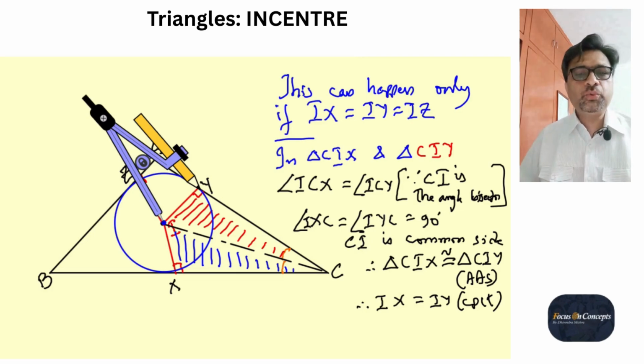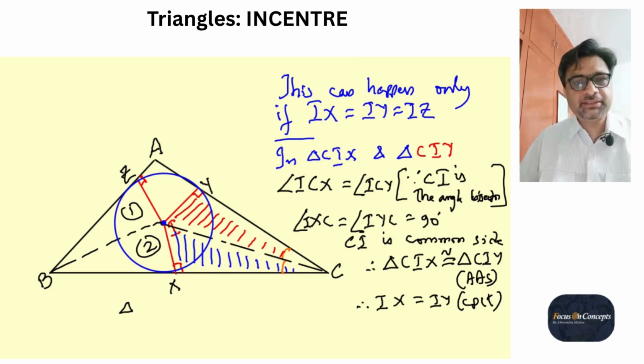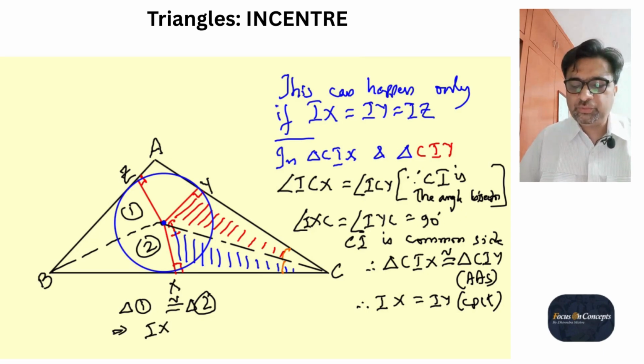Now if we do the same analysis for these triangles, if we are talking about this as the angle bisector BI, and if we take these two triangles 1 and 2, we can prove in the same way that triangle 1 is congruent to triangle 2, again by AAS congruence, and that would get us IX is equal to IZ.